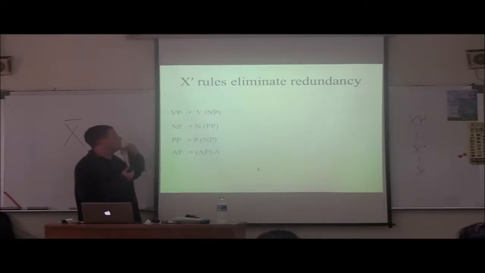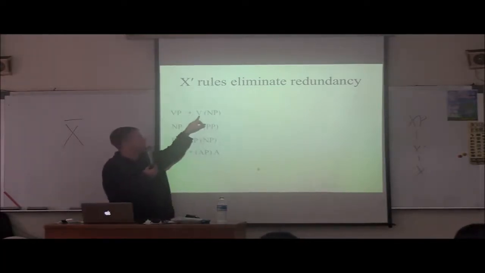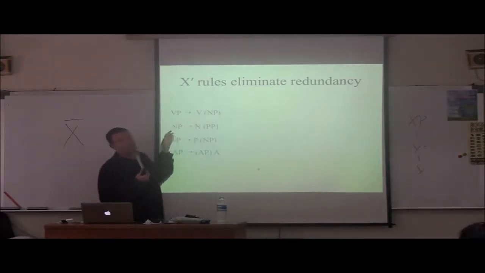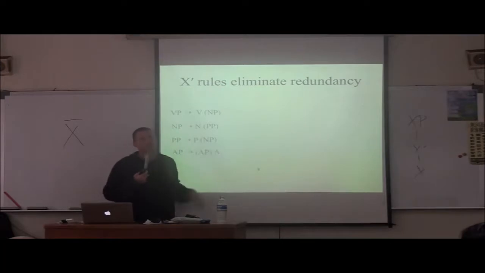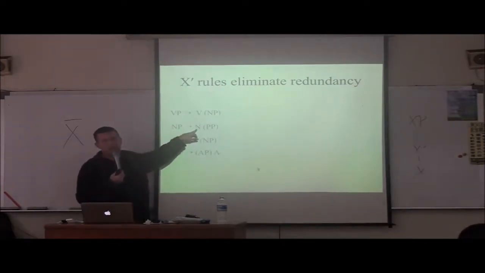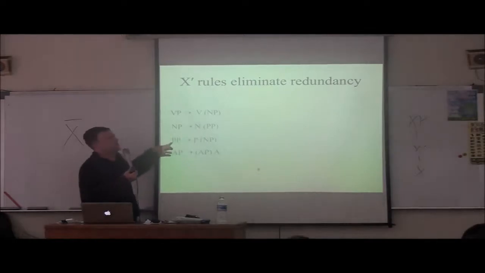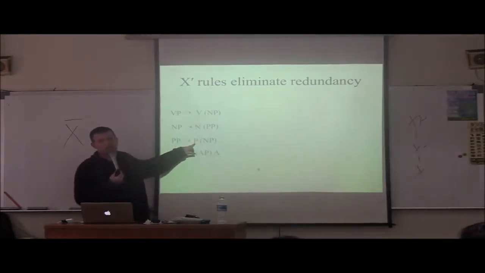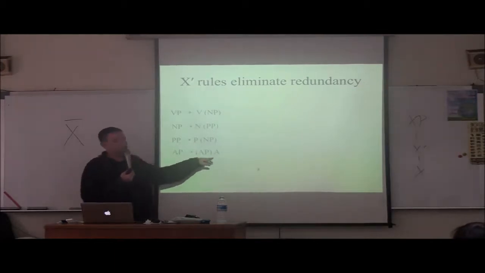In our old rules for VP, NP, PP, and AP, for example, we said a VP consists of a bunch of stuff in the midst of which is exactly one atomic V. An NP consists of various stuff, optional stuff, and exactly one N. A PP consists of stuff, but especially exactly one P, and the same is true for APs.